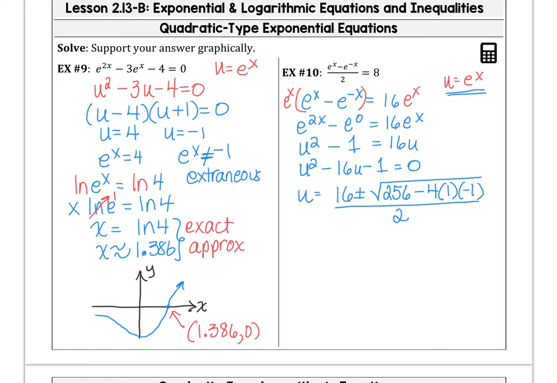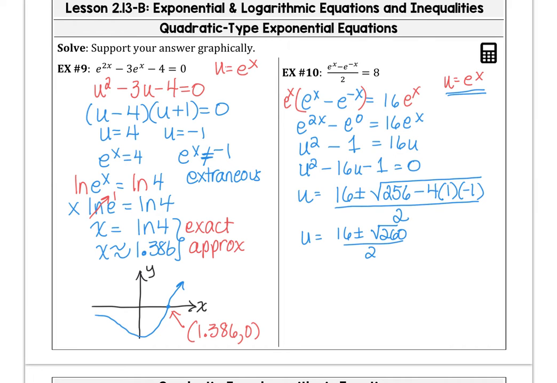So combining like terms under the radical, we get 16 plus or minus the square root of 256 plus 4, which is 260, and that divided by 2. Let me grab my calculator real quick here.